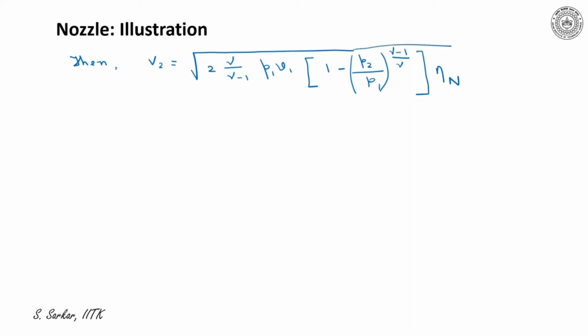This will be the actual velocity. I know all the values. If you put all the values, you will get the result. I'll show here in detail.